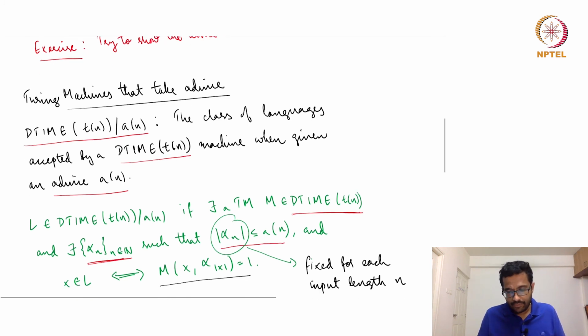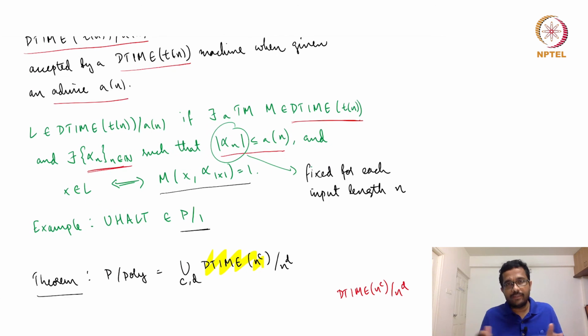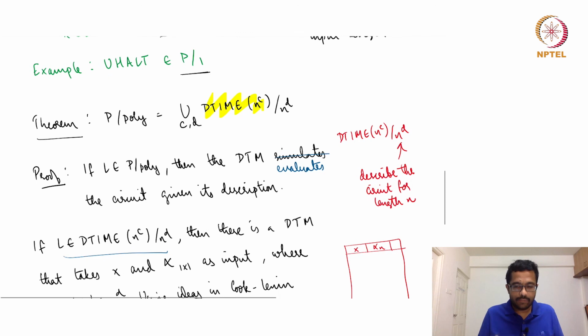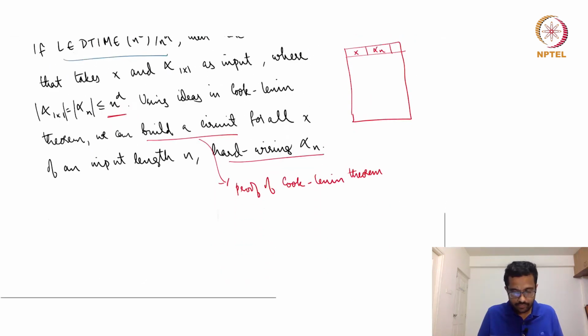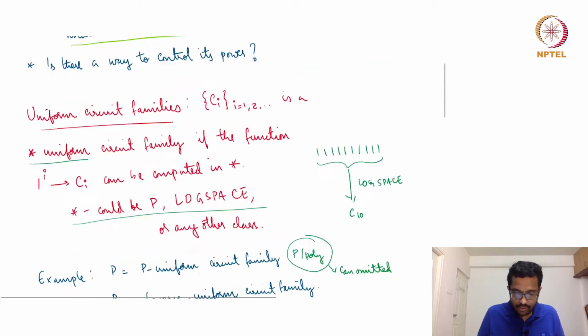It could vary with the input length, but will be the same once the input length is fixed. And then we saw that P/poly is in fact the union over all c and d of DTIME(n^c) / n^d. And that's all I have for this lecture.